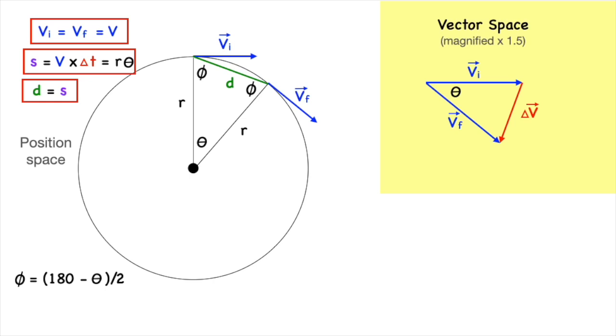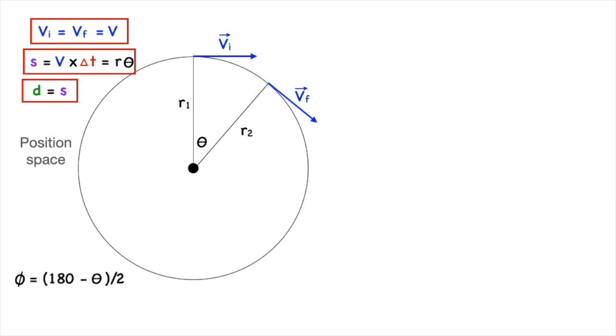First, let's clean up the diagram and create some workspace. Notice that I have labeled the radii r1 and r2 so we can distinguish between them. Remember that the velocity vectors are always tangent to the circle.